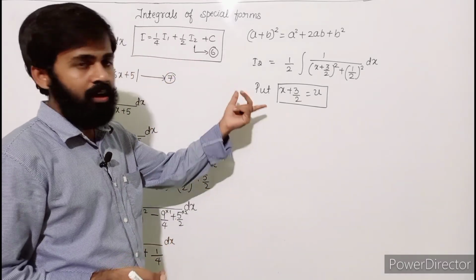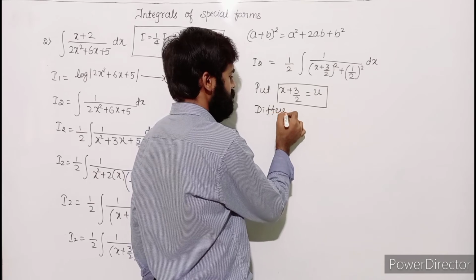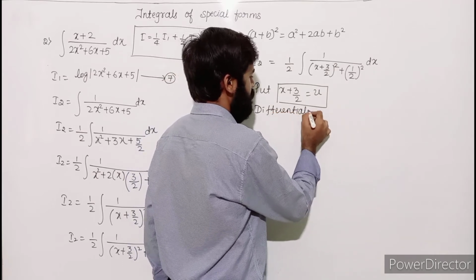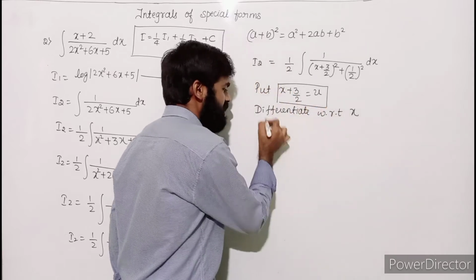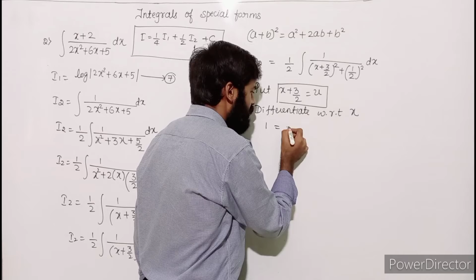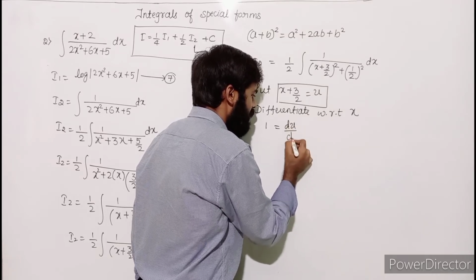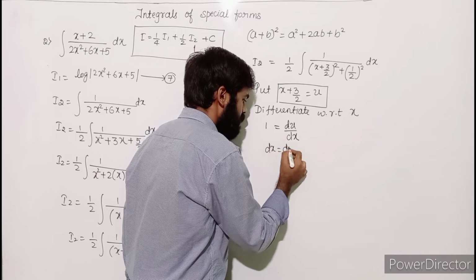I have taken what? u here. Now differentiate with respect to x. What you get? x differentiation 1, 3 by 2 constant differentiation 0, u differentiation du by dx. Now dx into 1, dx equals to du.